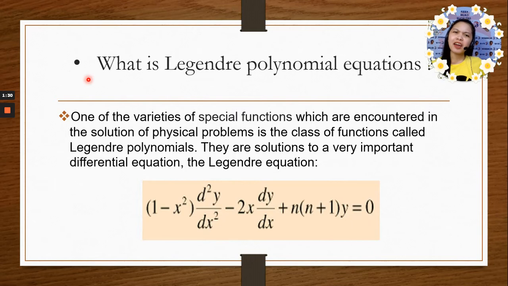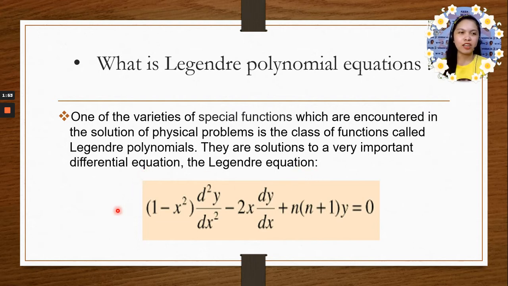What is the Legendre polynomial equation? One of the varieties of special functions which are encountered in the solution of physical problems is the class of functions called Legendre polynomials. They are solutions to a very important differential equation. The Legendre equation is like this.